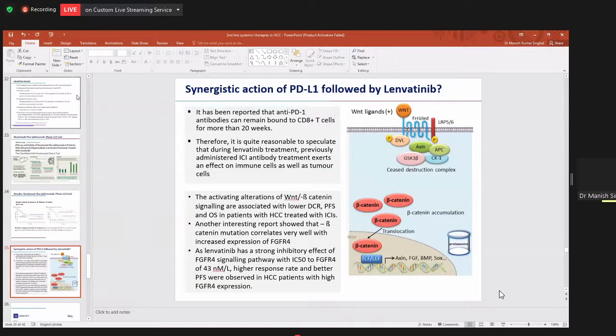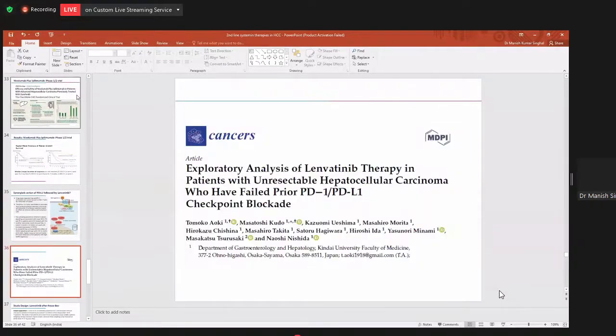There is also one good theory that there can be a synergistic effect between a PD-1 or PD-L1 blocker and lenvatinib. We know that there is a Wnt signaling pathway, and it may act with the FGFR pathway, and lenvatinib is an FGFR inhibitor. Therefore there is some sort of synergistic effect with a PD-1 or PD-L1 blocker and lenvatinib, and that is why patients who have been exposed to immunotherapy can be re-challenged with lenvatinib, and some responses can be brought in.